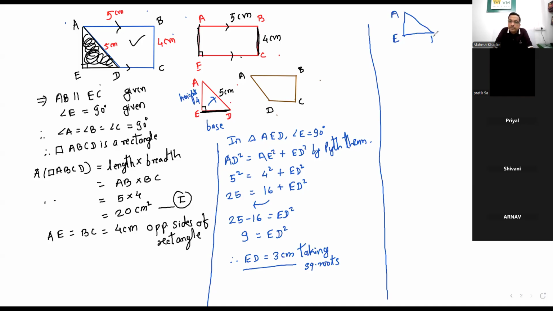A, E and D. So area of triangle AED is equal to, formula we have to write formula, it carries marks, half into base into height. तो बेस is ED, करेक्ट, और जो परपेंडिकुलर होता है वो हाइट होता है, और जिसके ऊपर परपेंडिकुलर बना है वो बेस होता है.